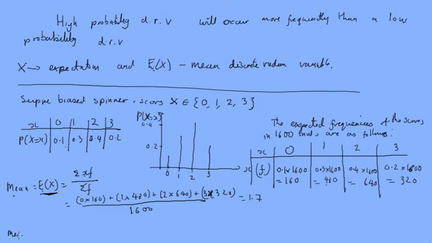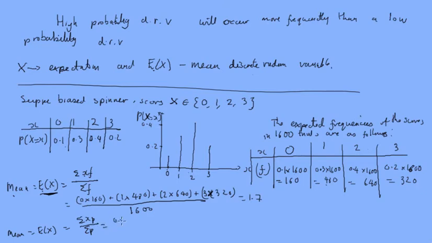So the mean is equal to the expectation, and if we take the sum of the value x times its probability over the sum of probabilities.